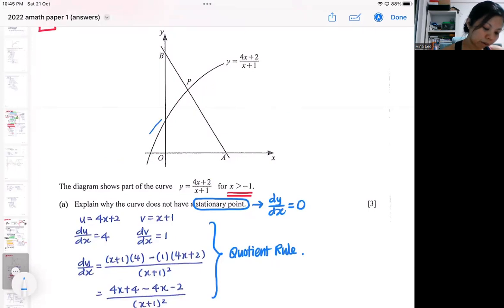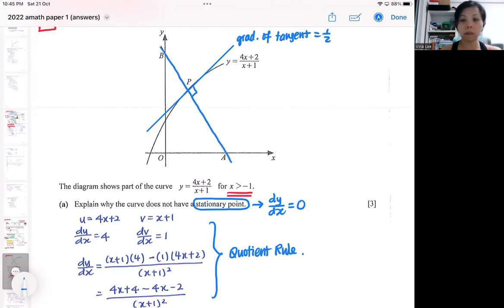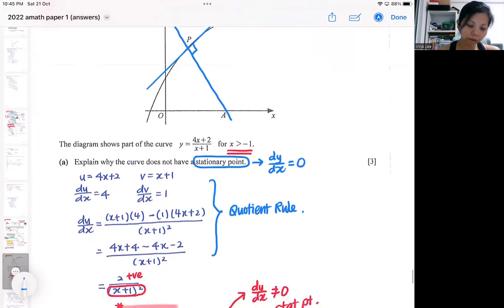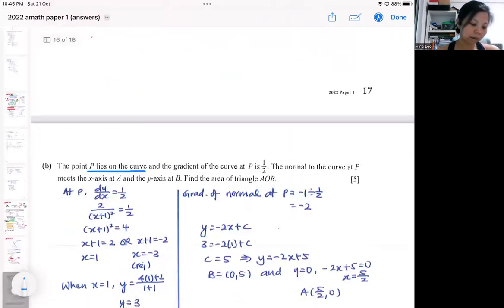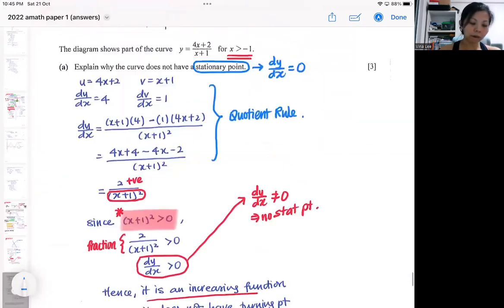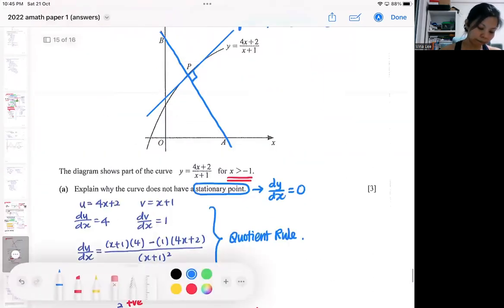From here, I know that the gradient of the tangent is half, and this is a normal, so there will be a perpendicular relationship. The question says that the normal intersects the x-axis at A and the y-axis at B. So I will need to find the area of this triangle here.